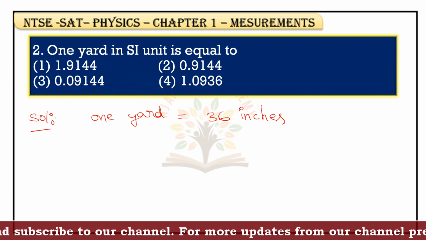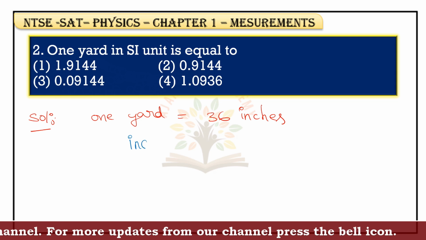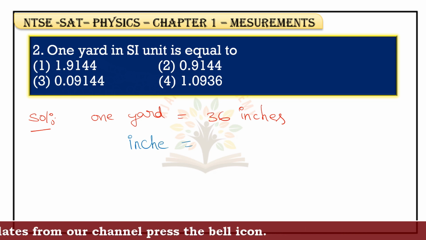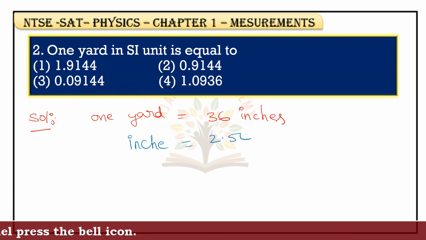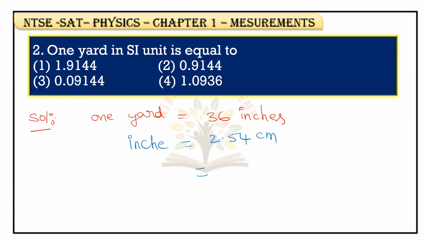1 inch is equals to 2.54 centimeter. So 1 yard is equals to 36 into 2.54 centimeters.